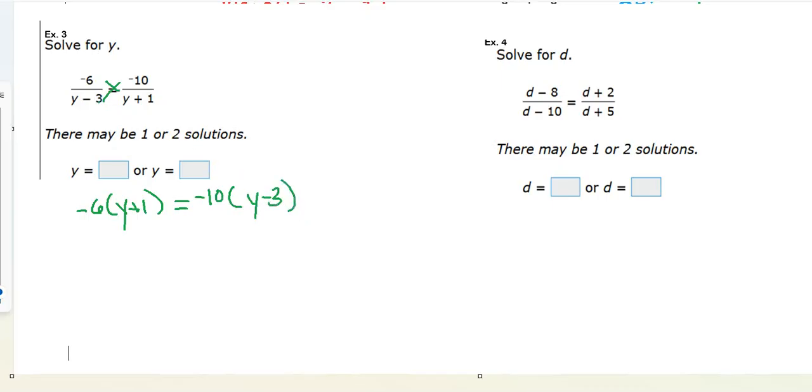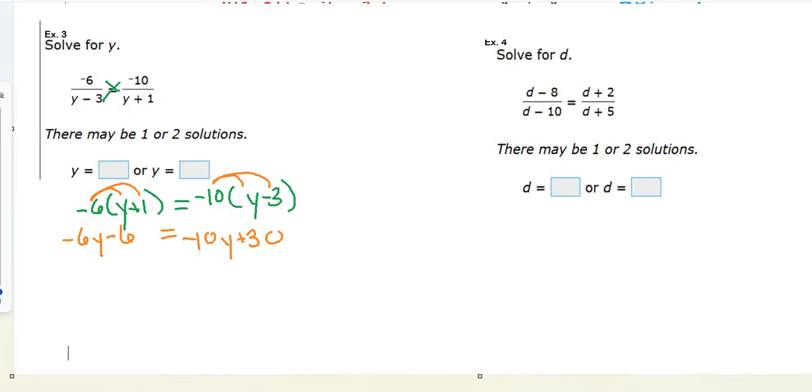And it doesn't matter which way you do these. I mean, I could have done this first and put it on that side. It doesn't really matter. All right, next step. We distribute like this. So we have a negative 6y minus 6 equals, same deal, negative 10y plus 30.